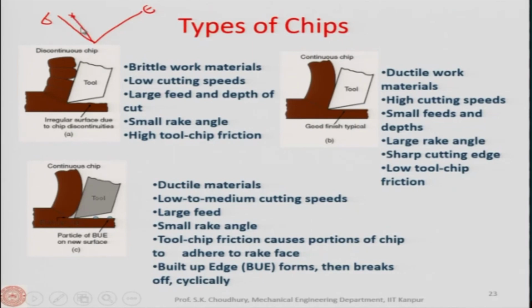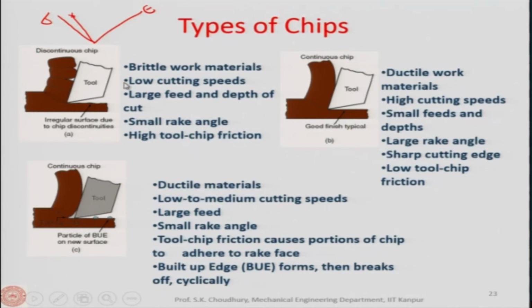It will only be elastically deformed, and then if we increase the load or the stress, it will break. So, once the workpiece material is brittle, the chips will be broken, and the discontinuous chip will flow and come out on the rake face of the tool.